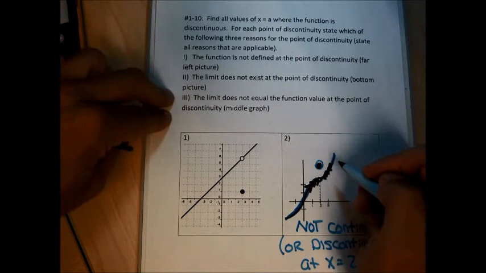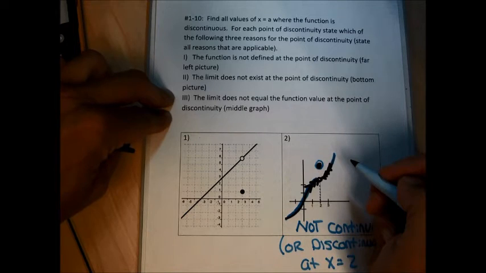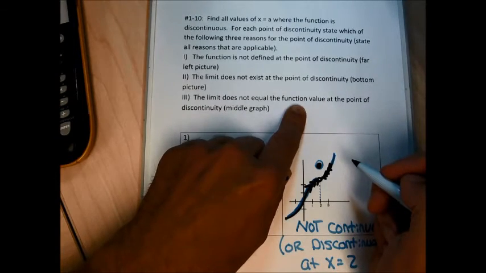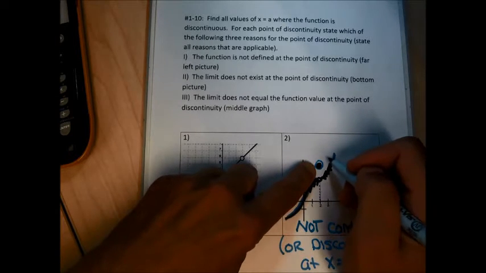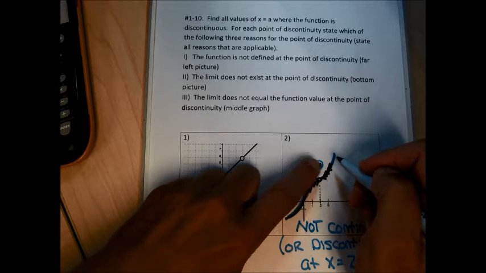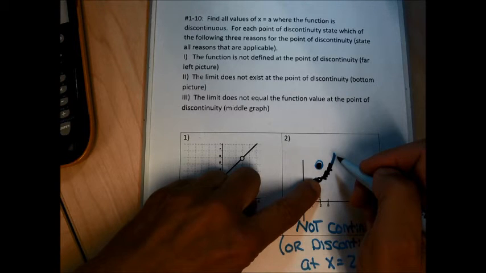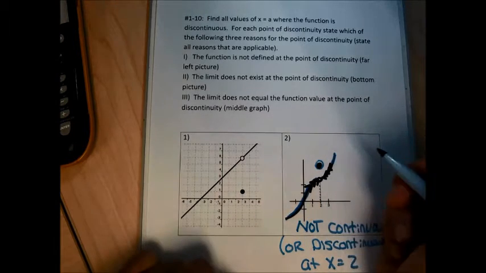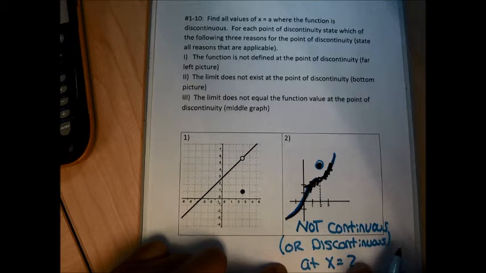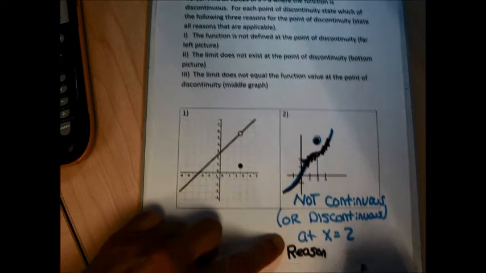The third thing must be the reason why it's not continuous. The limit doesn't equal the function value. The function value is the y-coordinate of that point. The limit value at the point of discontinuity is the y-coordinate of that point. The y-coordinate of the function value and the y-coordinate of the limit value are different, so it's discontinuous, or not continuous, at x equal 2, and it's going to be reason 3.